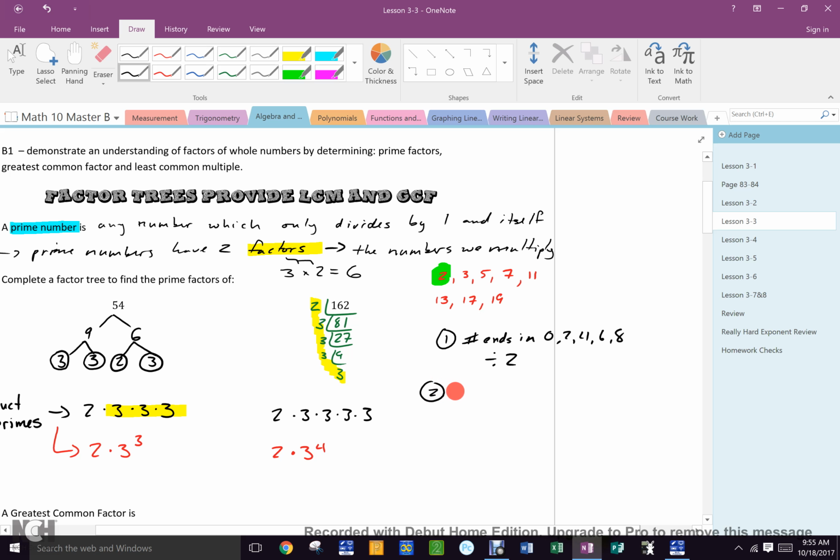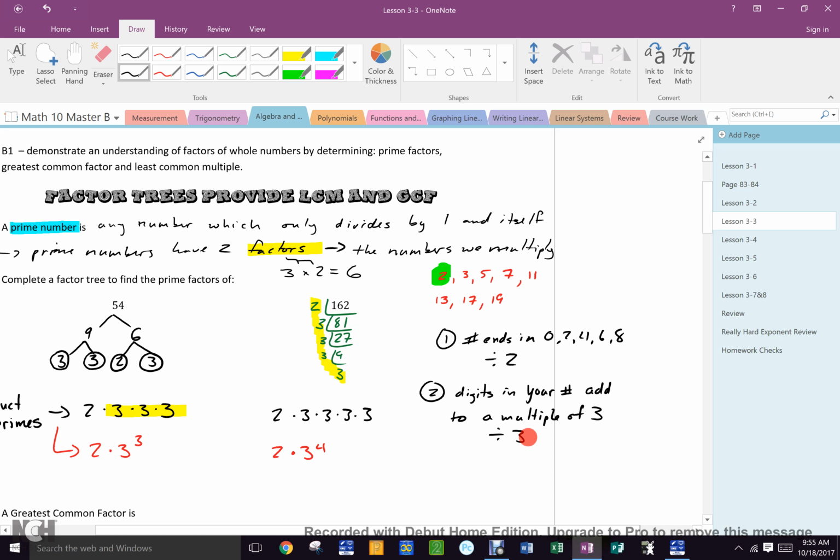Hint number 2. If the digits in your number add to a multiple of 3, you can divide by 3.